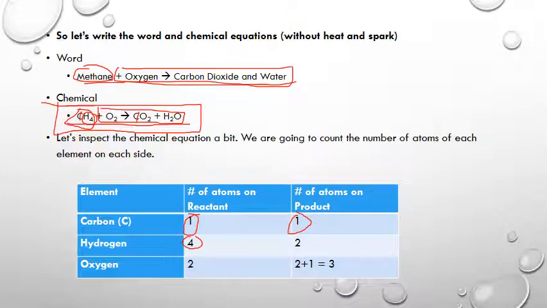And there's 2 over here. And the oxygens, we have 2 oxygens here. And over here we have 1, 2, and 3. So we have a total of 3 oxygens on the product side.